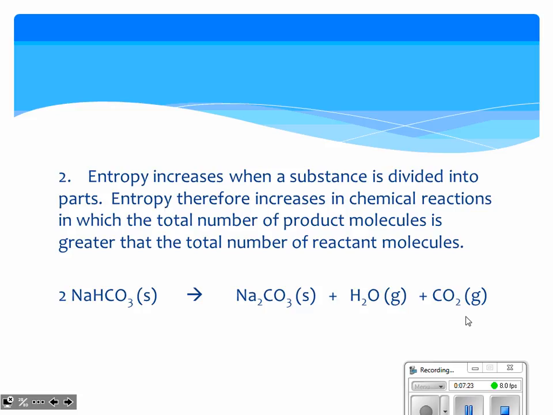One reactant or three products? Three products, okay? Because the entropy increases when a substance is divided into parts. Therefore, entropy increases in chemical reactions in which the total number of product molecules is greater than the reactant molecules.